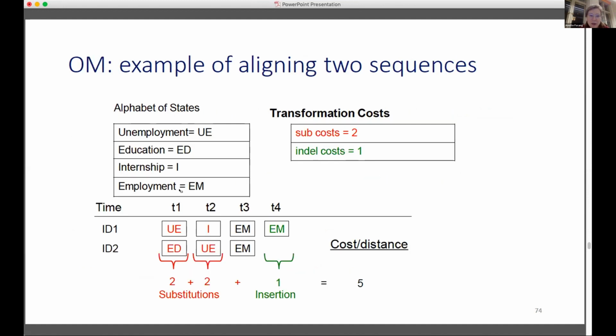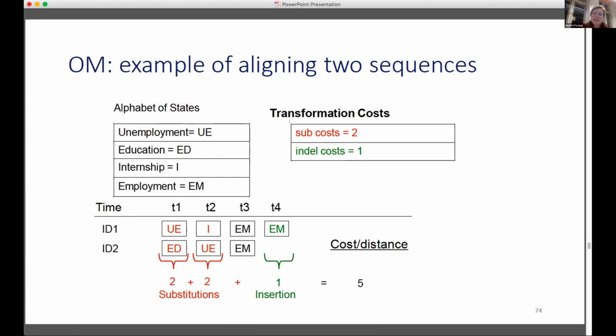Here I brought you an example of aligning 2 sequences. Let's say I have 2 very simple labor market sequences. At time 1, the first person is unemployed, then in an internship, then 2 time periods of employment. The other person is in education, then unemployed, then employed, and has a shorter sequence.